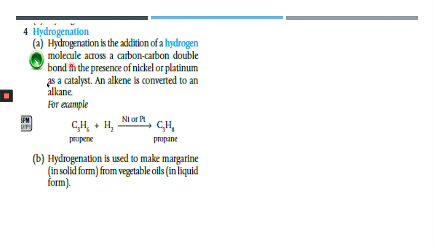Tu adalahnya pun catalyst or specifically kita gelarnya sebagai heterogeneous catalyst. Okay, so alkene is converted into alkane. So daripada propene with the addition of H2, become propane. Okay, so hydrogenation is used to make margarine. Itu adalah real life situation, production of margarine.